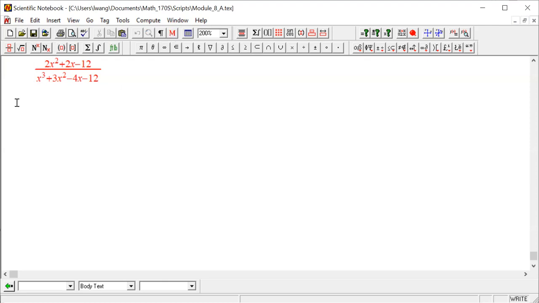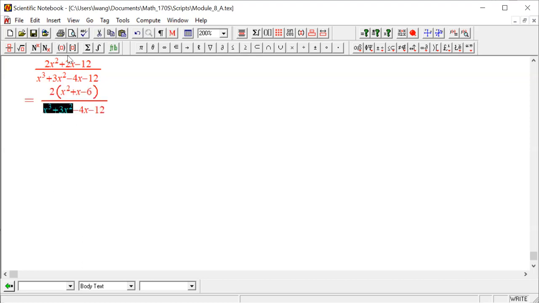We need to factor them respectively. On the top, we can first factor out the 2. The 2 is out, and this becomes 6, so we have parentheses like that. Then you can continue to factor the inside. For the denominator, we may try grouping.